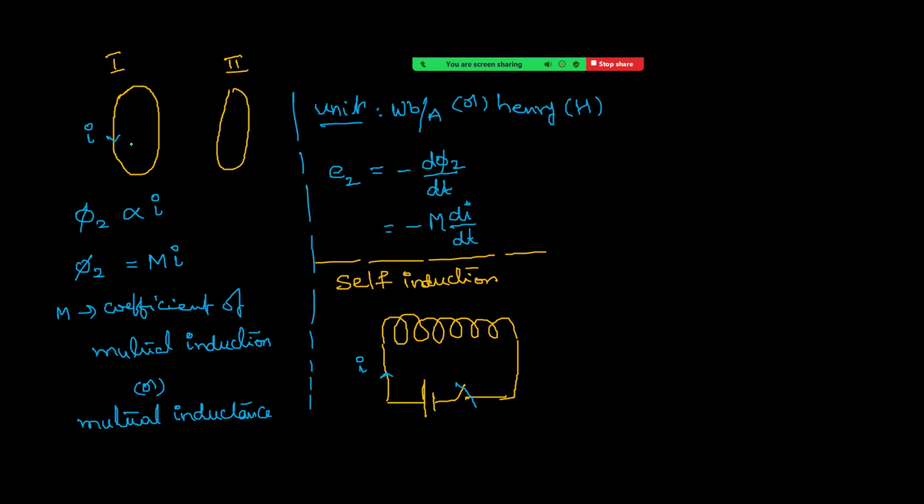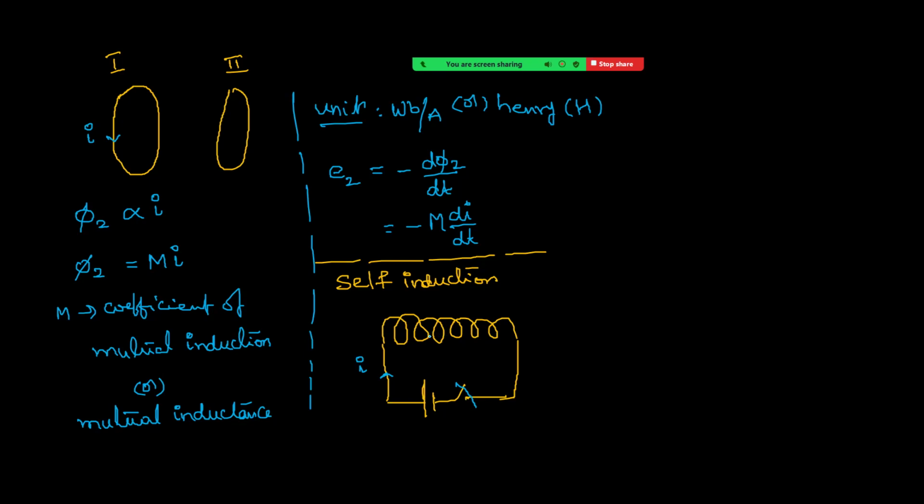See carefully, in mutual induction current flows in one coil and EMF is induced in the other coil. But here, current is changing in this coil and EMF is induced in the same coil. That's why the name is self-induction.